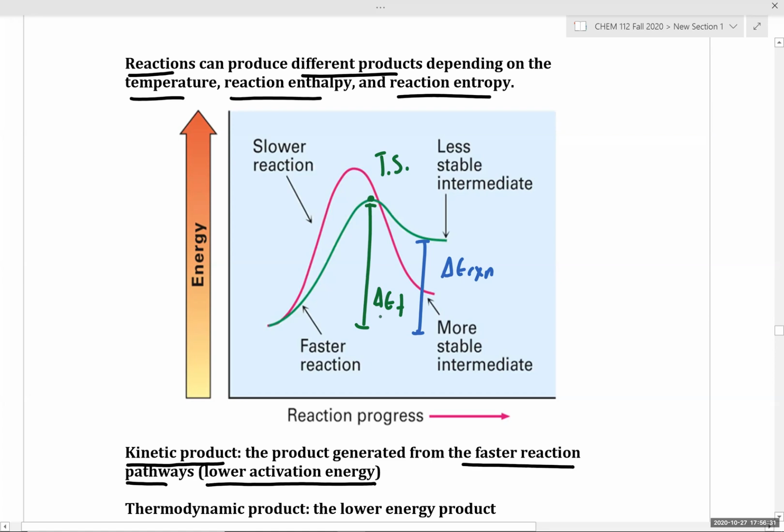What determines the rate of reaction? Activation energy or overall reaction Gibbs energy? The activation energy. So for our kinetic product, the kinetic product is described by the product generated from the pathway with the lower activation energy.